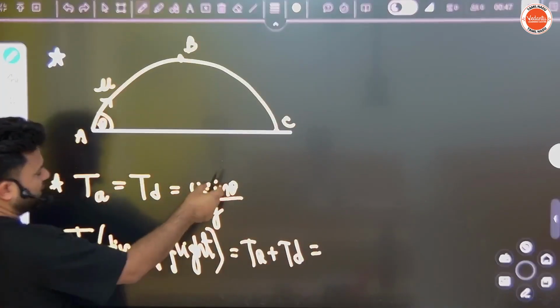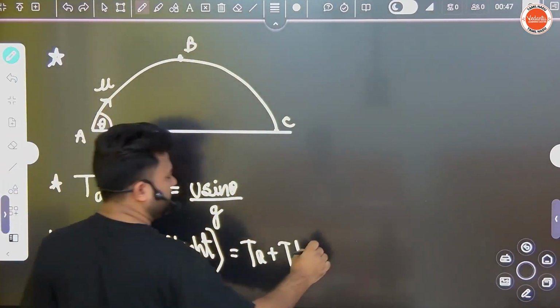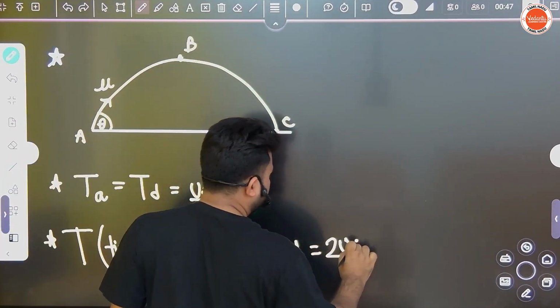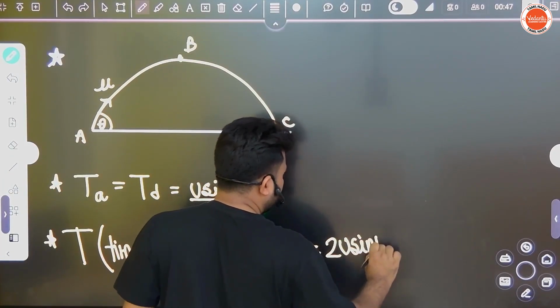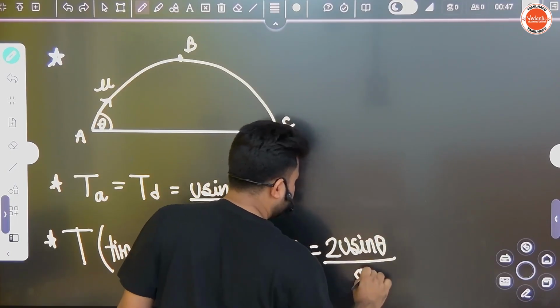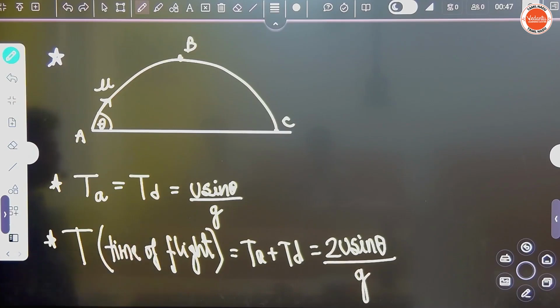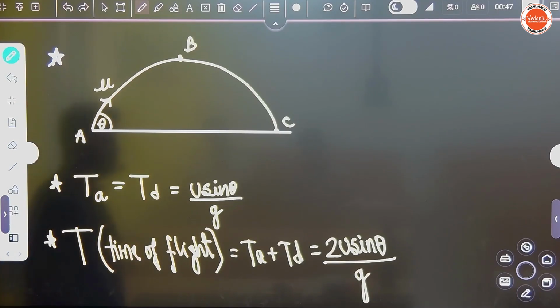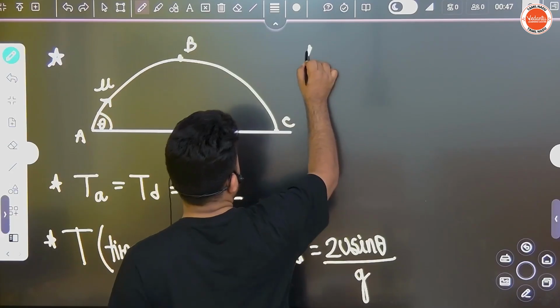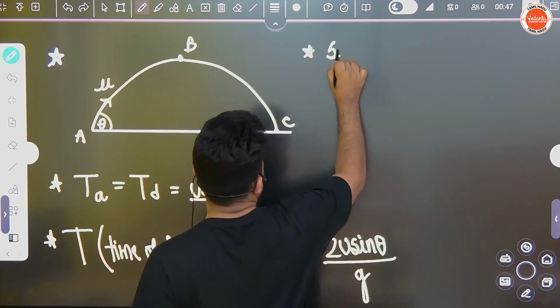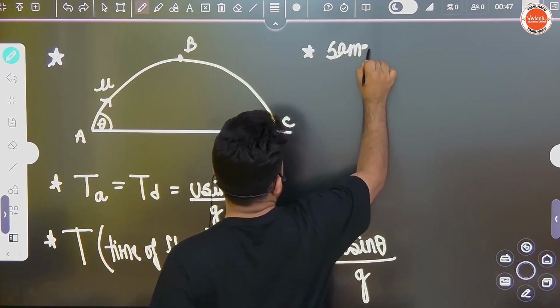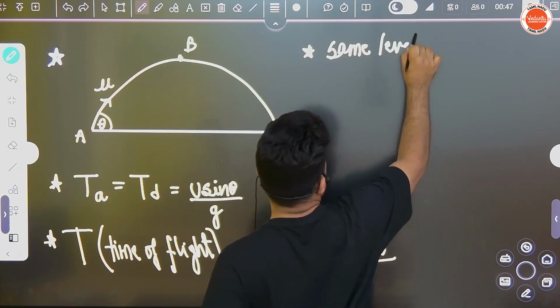Both are the same, u sin theta by g plus u sin theta by g, so 2u sin theta by g. This is the time of flight formula. Next, always remember, same level, same speed.